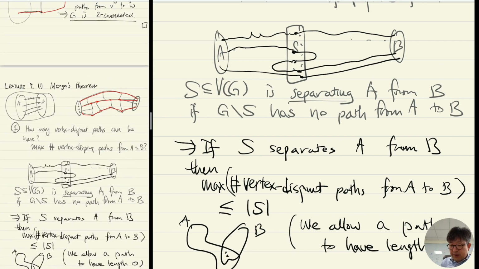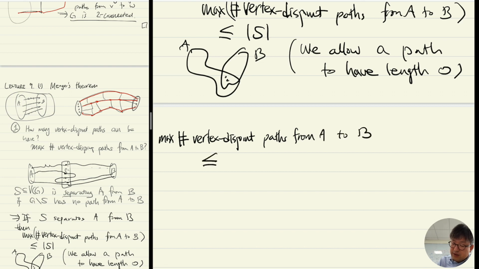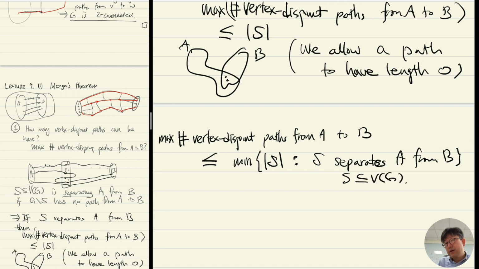Now, we deduce the following: the maximum number of vertex disjoint paths from A to B is always less than or equal to the minimum size of a set S, where S separates A from B, and S is a vertex set. Okay.